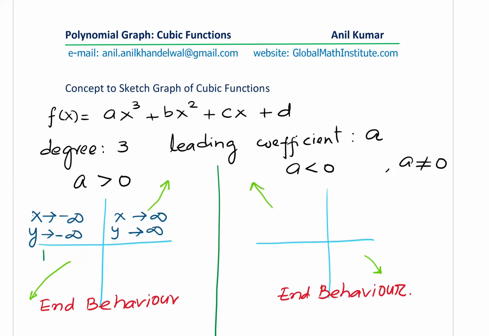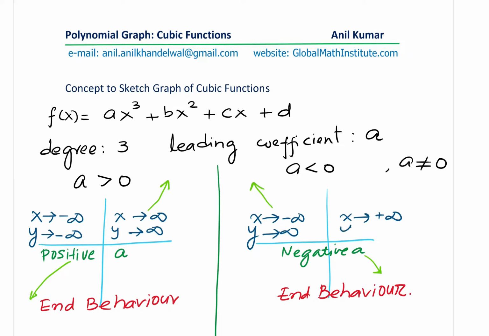This is for positive a. If the value is negative leading coefficient, in that case the end behavior will be when x approaches negative infinity, as you can see here, y approaches positive infinity. When x approaches positive infinity, then y approaches negative infinity.